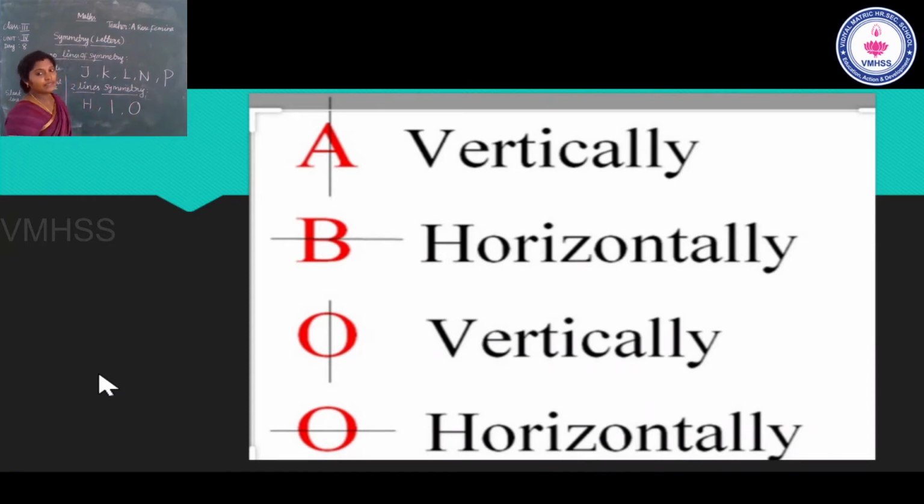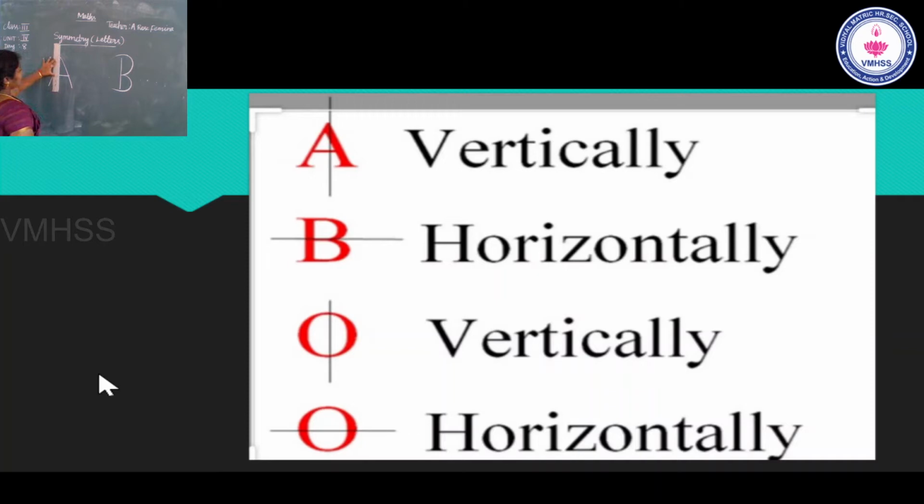See some examples of vertical and horizontal lines of symmetry. You already know the vertical and horizontal line. First letter A, second letter B. First one, vertical symmetry.